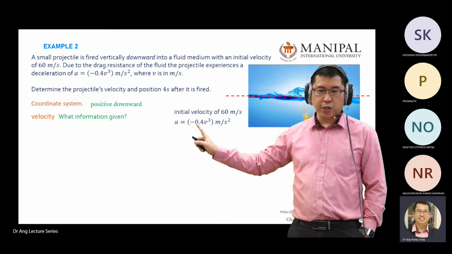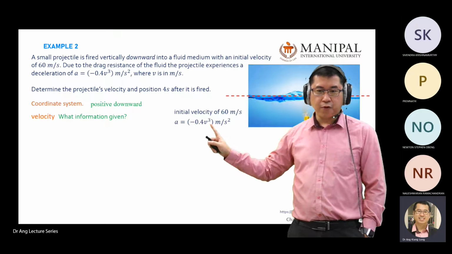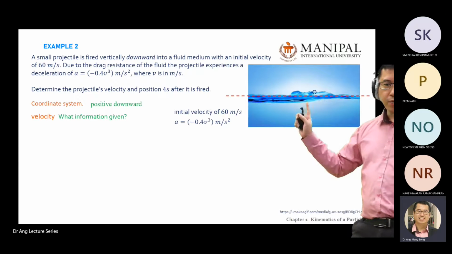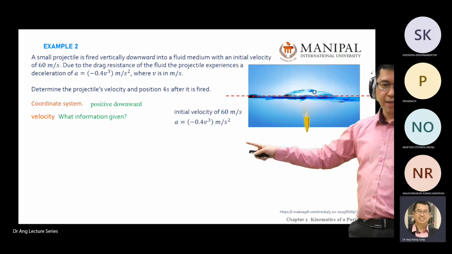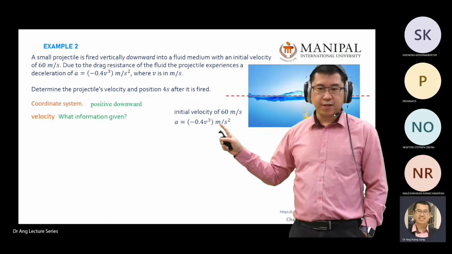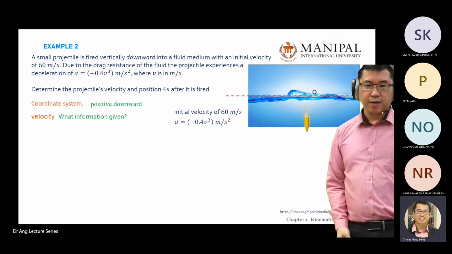Acceleration is slowing down, negative 0.4 v to the power of cube. And in this case, we do not consider the effect of gravity. It's just a simple case where we only consider the acceleration and initial velocity.